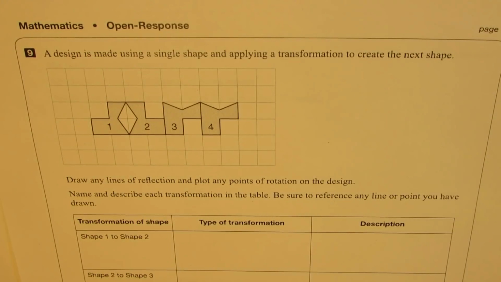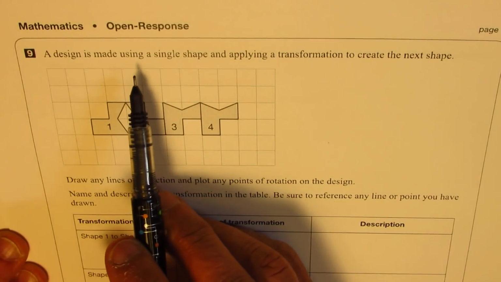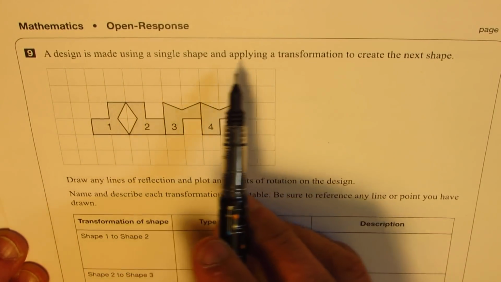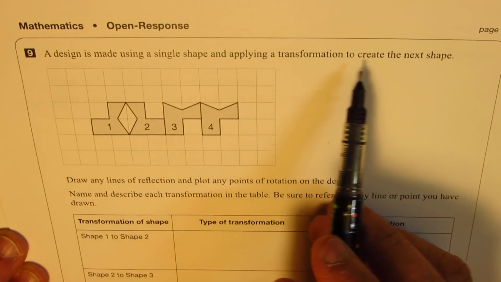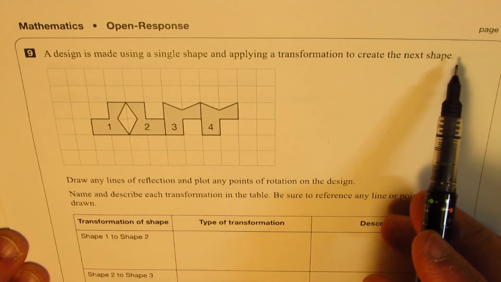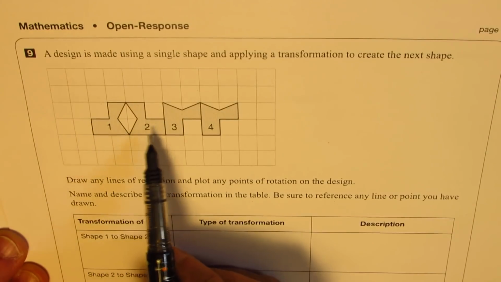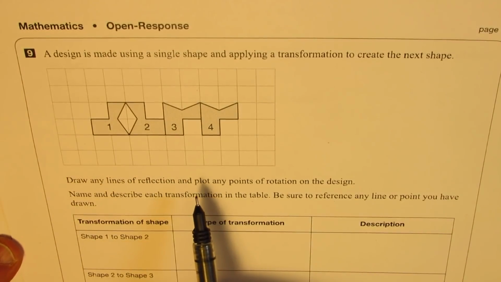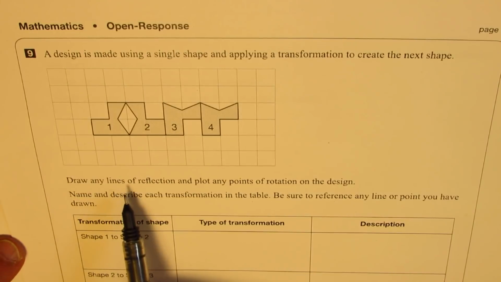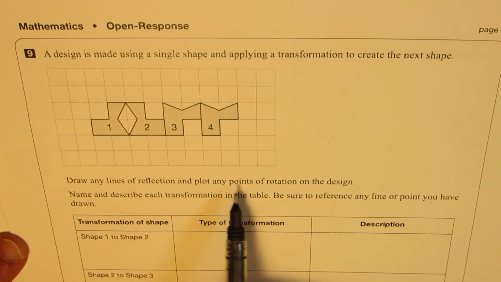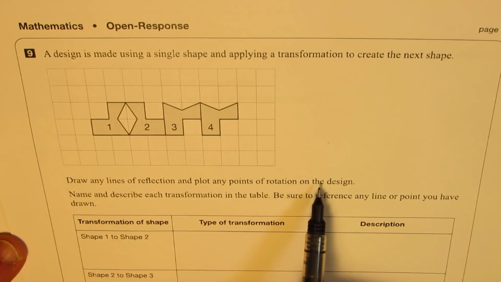Now here is another open response question. It is question number 9. A design is made using a single shape and applying a transformation to create the next shape. So that's the design. 1, 2, 3, 4 are pieces joined together. Draw any lines of reflection and plot any points of rotation on the design.